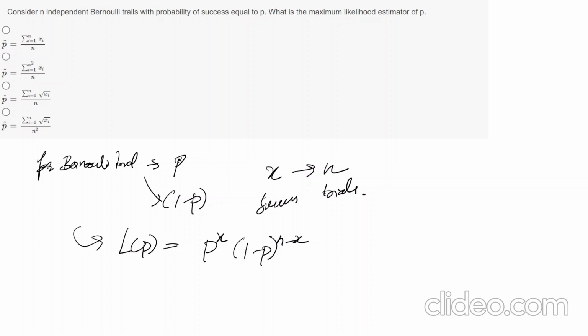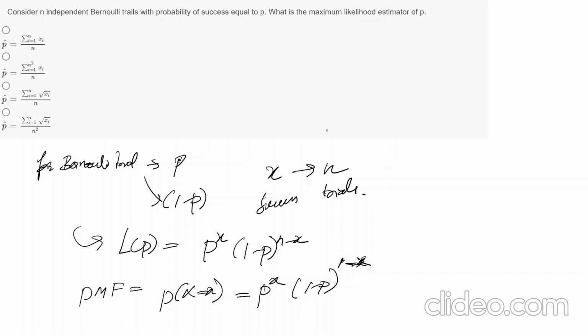As we know, the probability mass function of the Bernoulli trial is given by P of X equal to x is p to the power x into 1 minus p to the power 1 minus x.